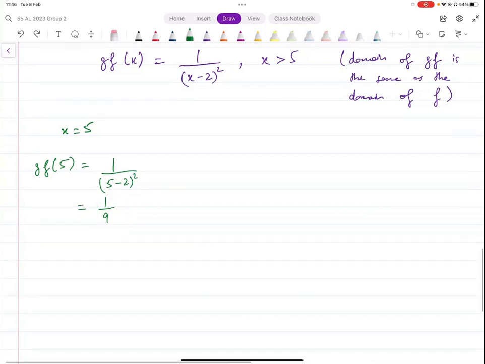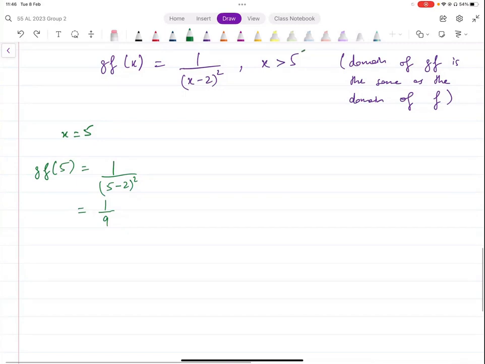But we also have to look at what happens on the other side. अगर x बहुत बड़ा हो जाए, what happens to this function in that case? If the value of x becomes extremely large, what will happen to this function? Now we discussed two ways of thinking about this. You can think of this in terms of infinity, or देखें x infinity की तरफ जाता है तो आपके function को क्या होता है, where does it go?